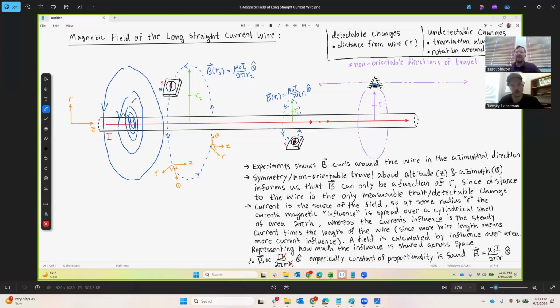And the idea is that the current, which is really the source of the B field, propagates outwards, right? And its influence spreads cylindrically. And so at any given point in time, it has a finite amount of influence that it has to spread over a finite amount of surface area.